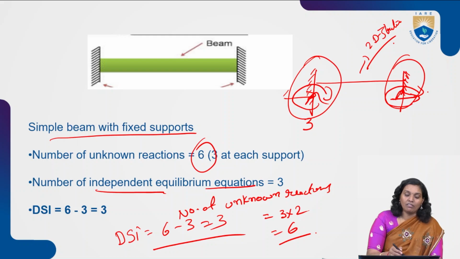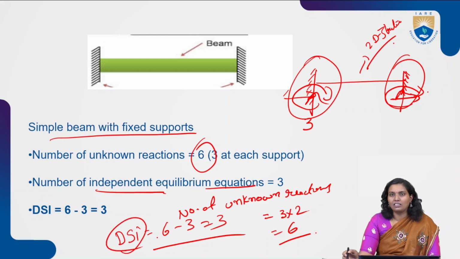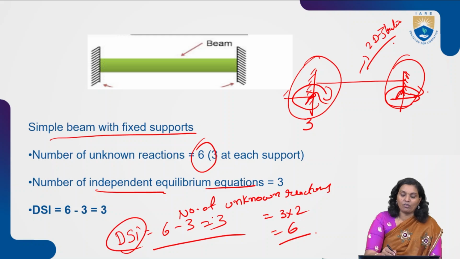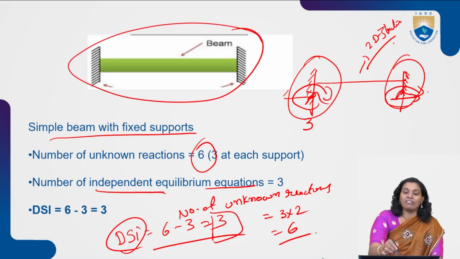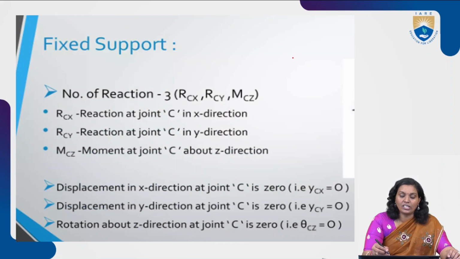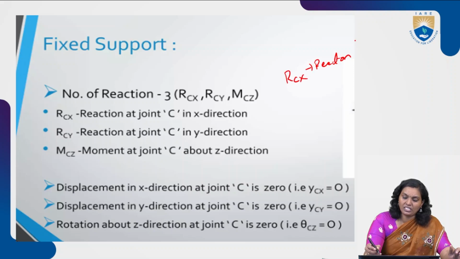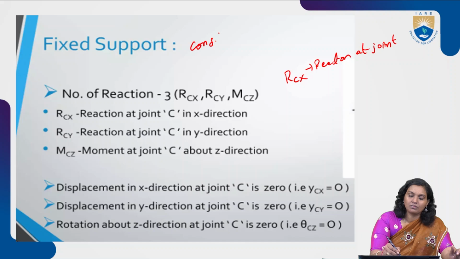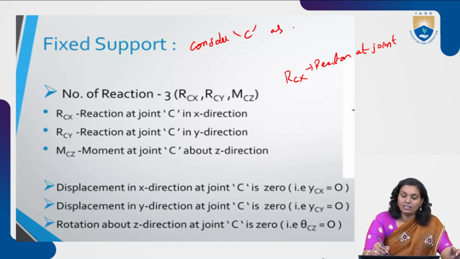So the degree of static indeterminacy is equal to 3 for this given condition. For a fixed support, how do we say the number of reactions is 3? Consider C as a joint.